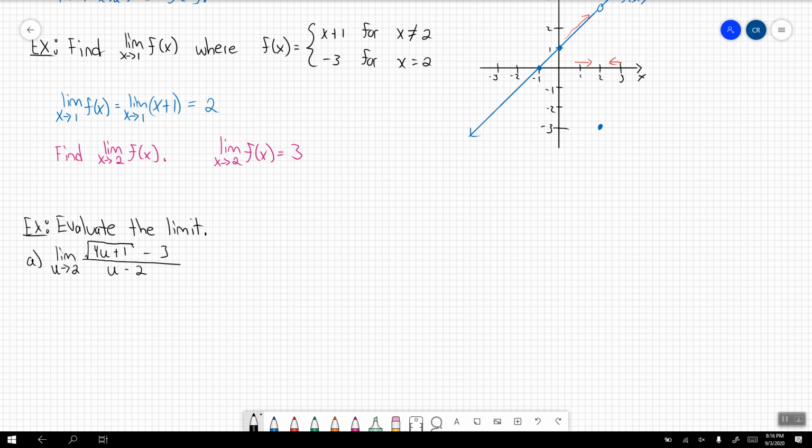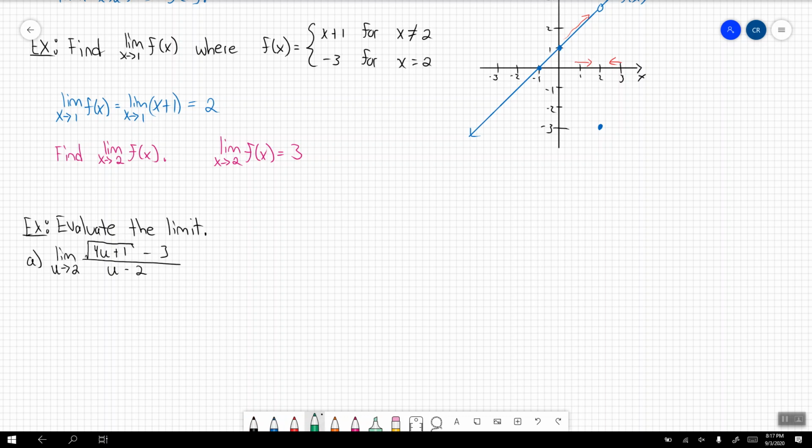However, in this particular case, I want you to notice the denominator. The denominator cannot take in a value of 2. However, we're trying to evaluate as u is approaching 2. So direct substitution doesn't work directly, which means we have to find a manipulation to make sure that we're able to get it to work.